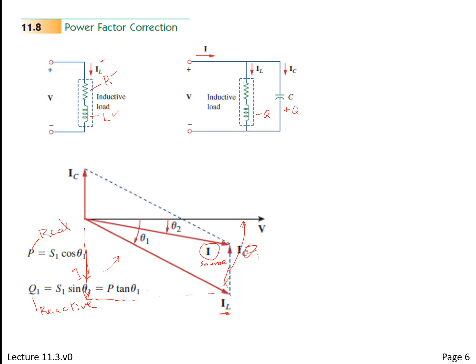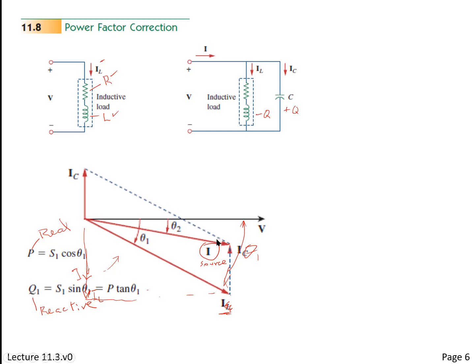Okay? This isn't the best illustration here of IL. IL is actually over here. Okay? This is the source current in that inductor only load. So in a way we could rub that out. That isn't the source current, but now we've moved the source current back here.